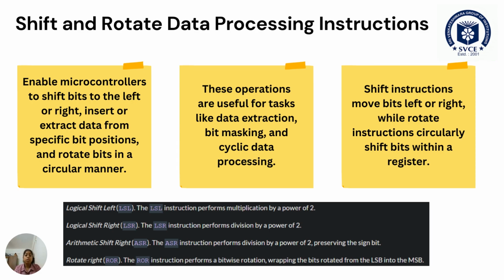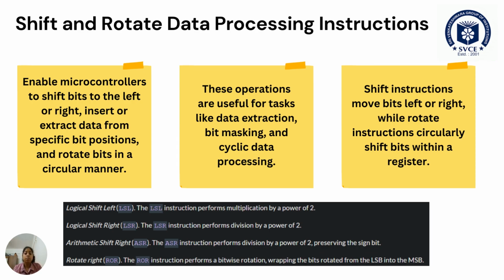A few examples of such instructions are LSL, which stands for logical shift left. This instruction performs multiplication by a power of 2. Next is LSR, logical shift right. This instruction performs division by a power of 2. Then we have ASR, which stands for arithmetic shift right.